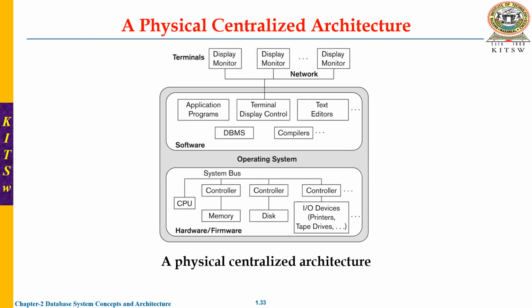This is a physical centralized architecture. The centralized architecture has end user display monitors connected over a network, with terminals, application programs, and text editors to display. This is all managed by your operating system.